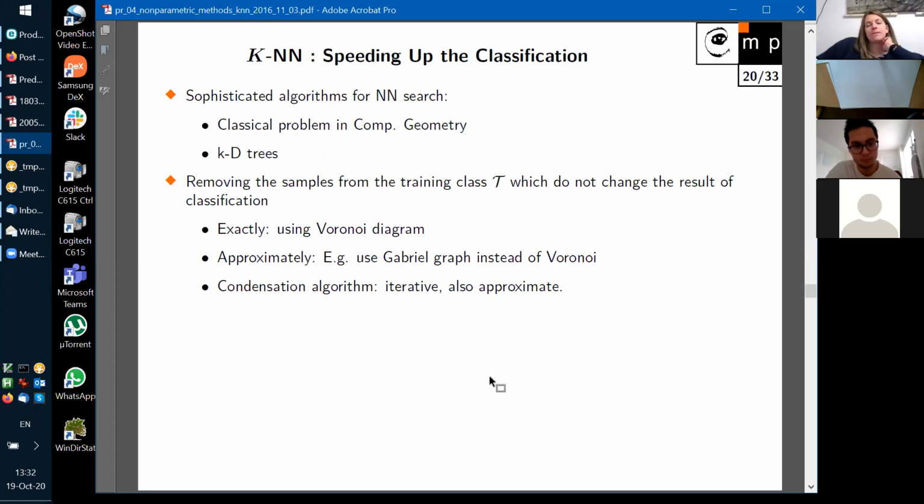So finding the nearest neighbors in a set of points is a very common applied problem. I don't know, if you switch your mobile phone, it tries to find the nearest base station. If you are looking for a taxi and you would have to walk to a rank, you will look for the nearest taxi stand. There are many practical problems where nearest neighbor is very important. So it's not only for classification, it's a classical problem in computational geometry.